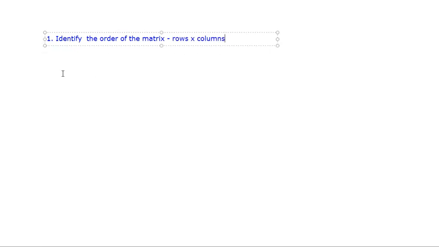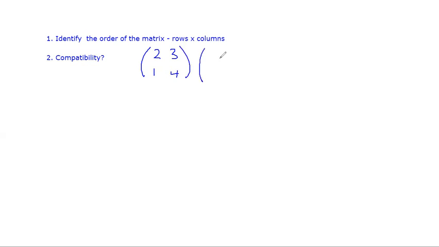Then we saw after that, the next thing that we need to do is look at compatibility, right? And we saw that if we have two matrices, 2, 1, 3, 4, and let's say we have another one here, 1, 0.